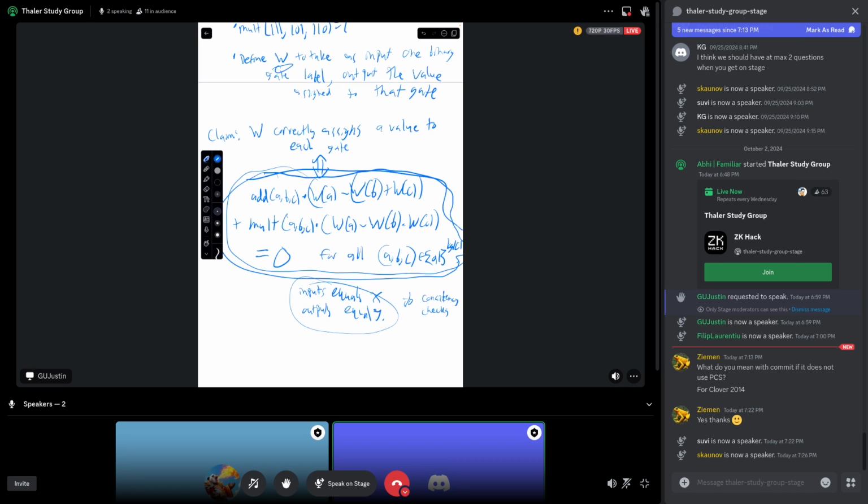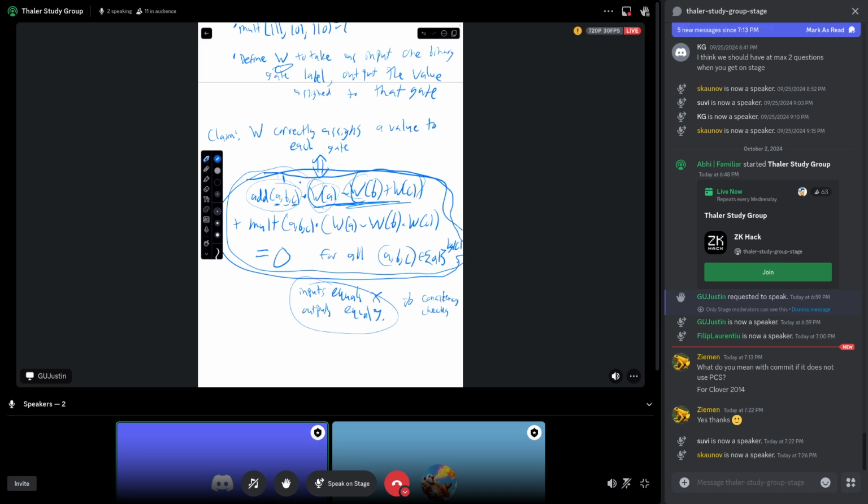Like what's going on is, if gate A actually is supposed to sum up the values of gates B and C, then add(A,B,C) will spit out 1, right? And then this expression here, W(A) minus (W(B) plus W(C)), will be 0 if and only if indeed the value assigned to gate A is the sum of the values assigned to gates B and C. So in that case, you would get 1 times something that's 0 if and only if the value assigned to gate A is correct.